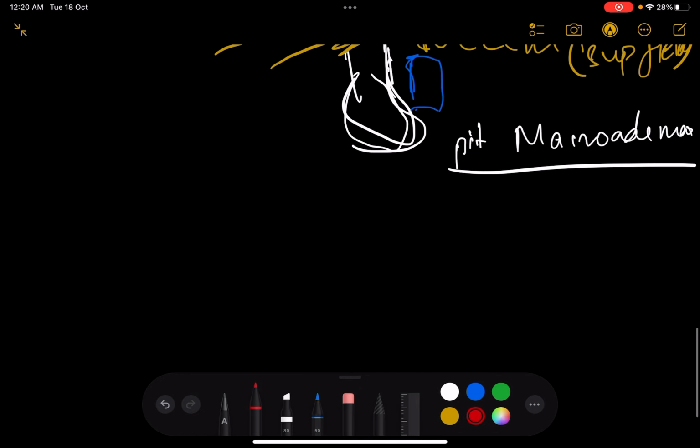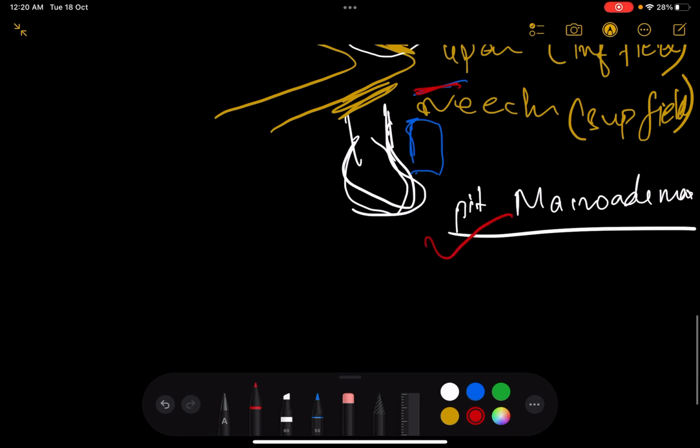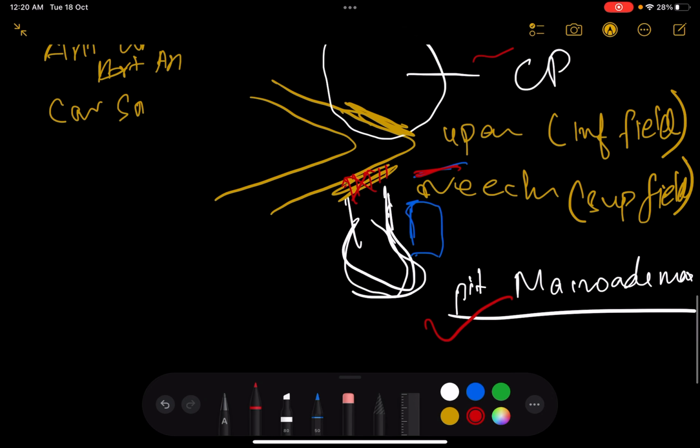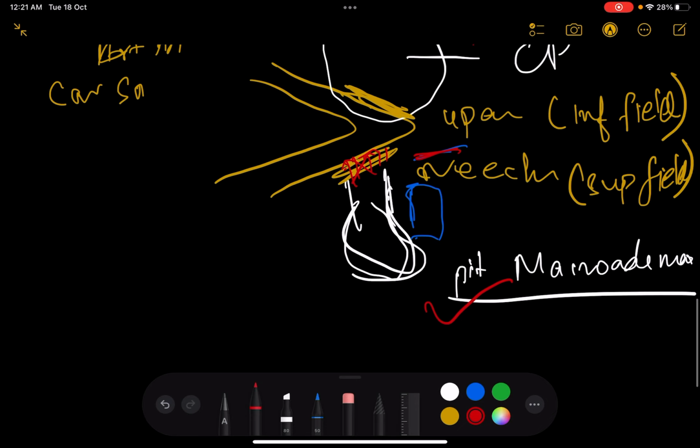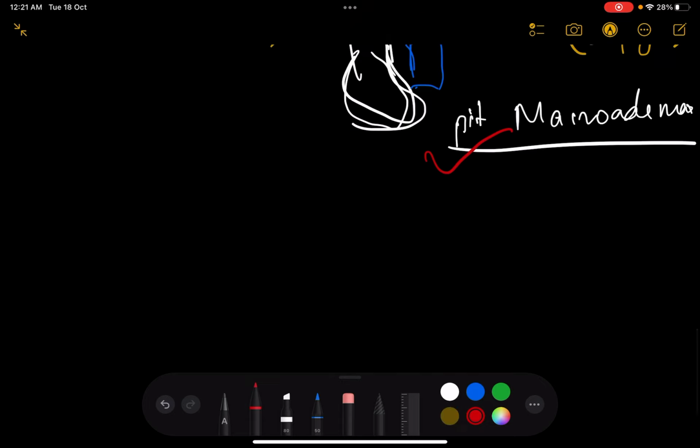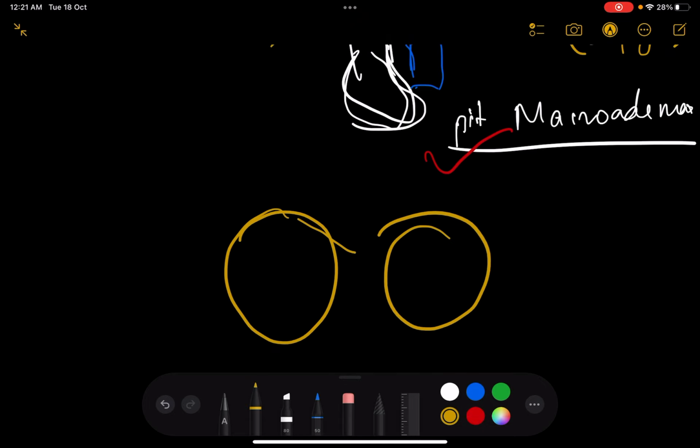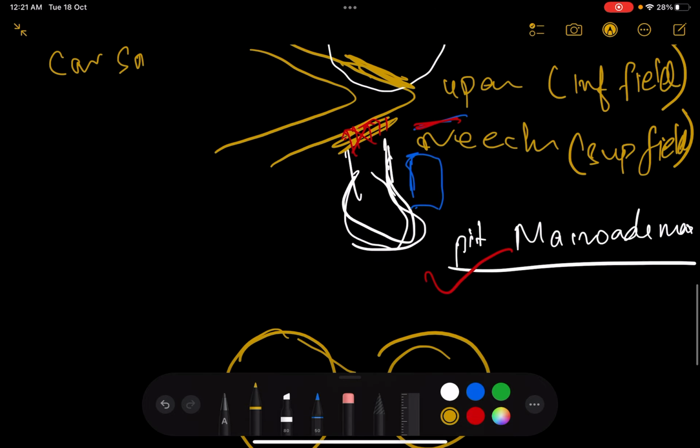let's say we take up the pituitary macroadenoma lesion. So there is a big lesion. It's compromising the visual field, and it's damaging the lower fibers, the inferior fibers. So the inferior fibers will correspond to obviously the superior field.